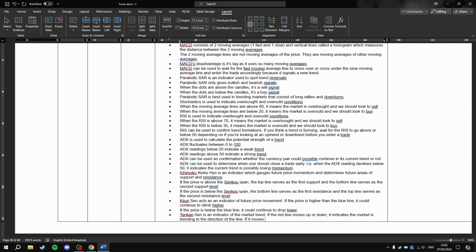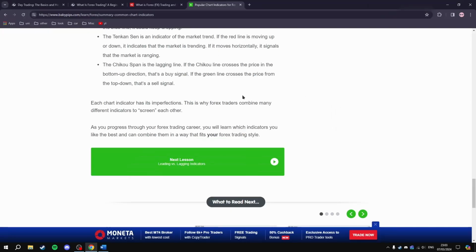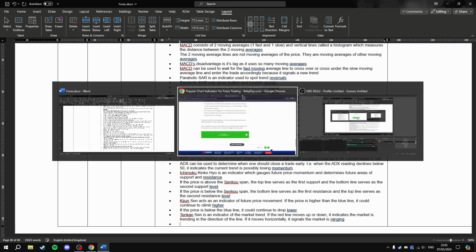If it moves horizontally, it signals the market is ranging.